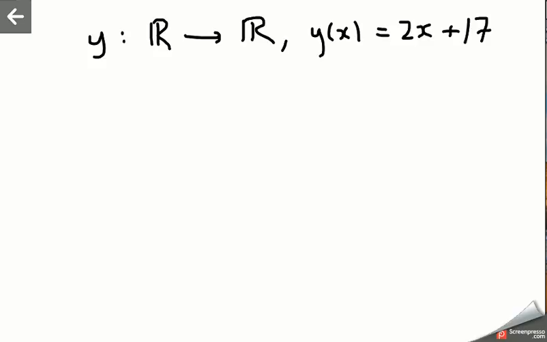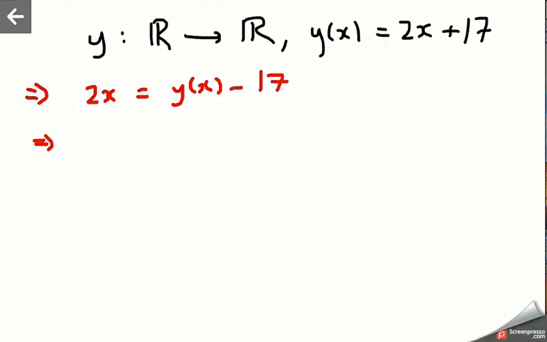Well, we can find the inverse now. In this case, we know from algebra that because y of x is equal to 2x plus 17, we must have that 2x is equal to y of x minus 17.